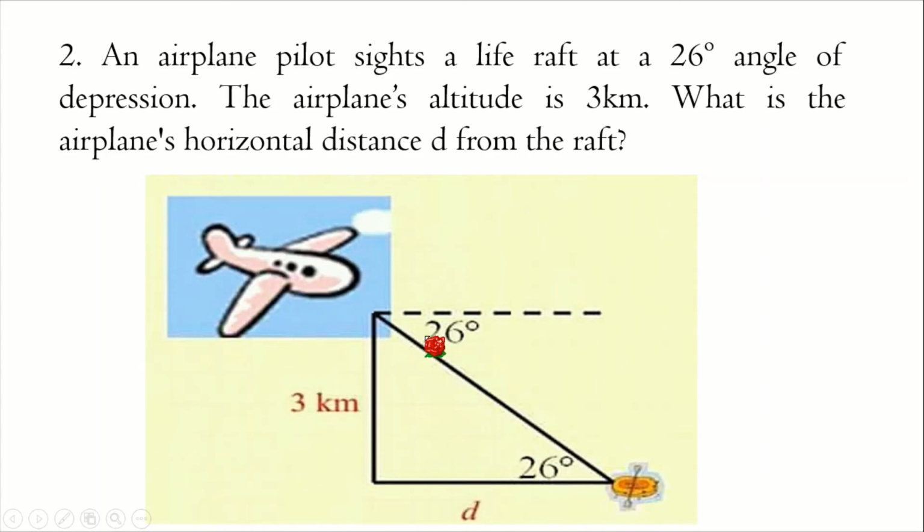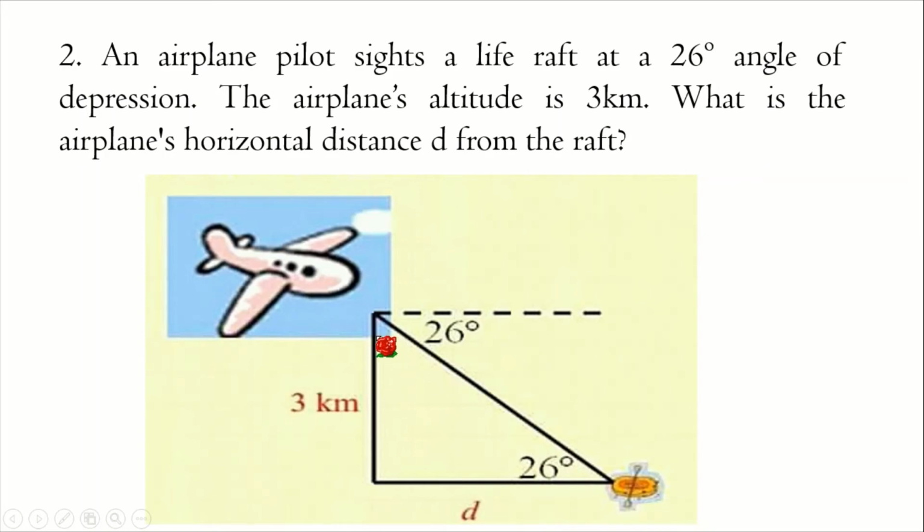So here, given na yung angle natin. So, mayroon din siyang, ang taas ng airplane from the ground is 3 kilometers. So, yung hinahanapin natin dito is yung distance ng airplane mula sa raft. So, ibig sabihin, we now have the angle and we also have the opposite. Okay, so given na si angle at given na rin si opposite side.